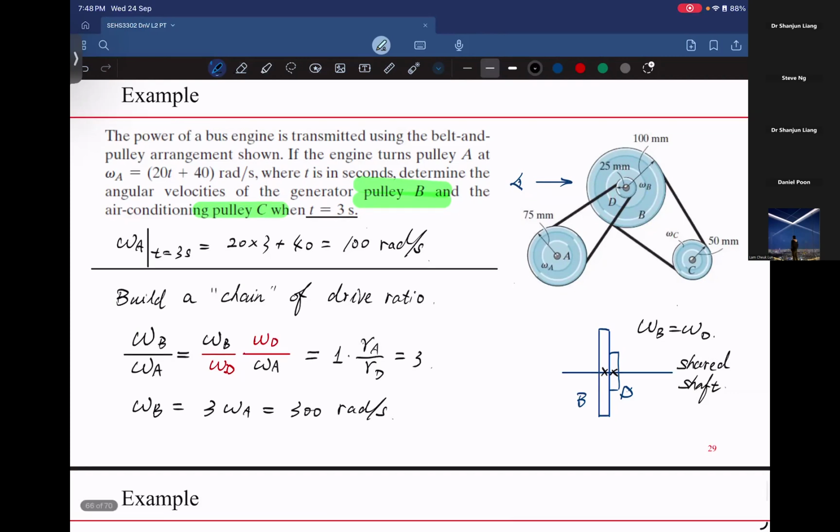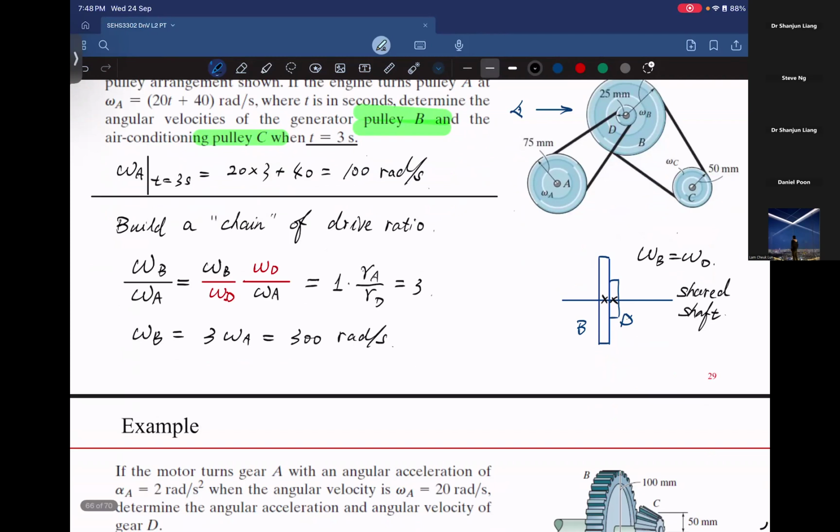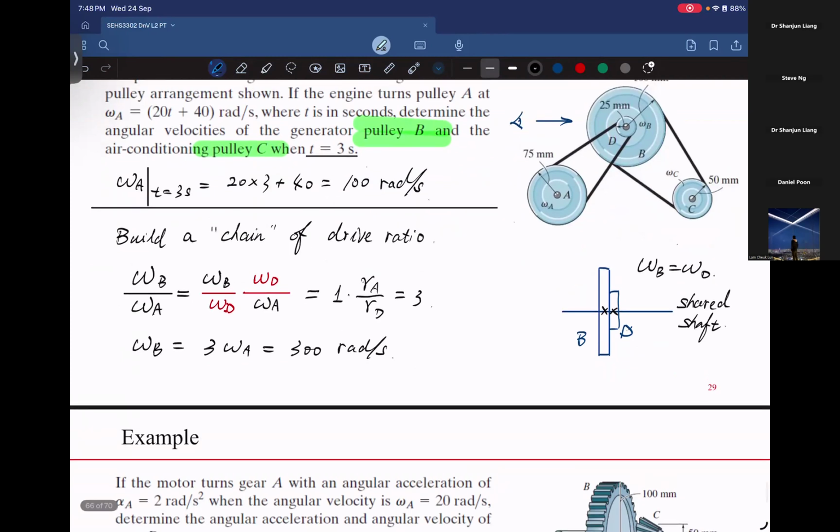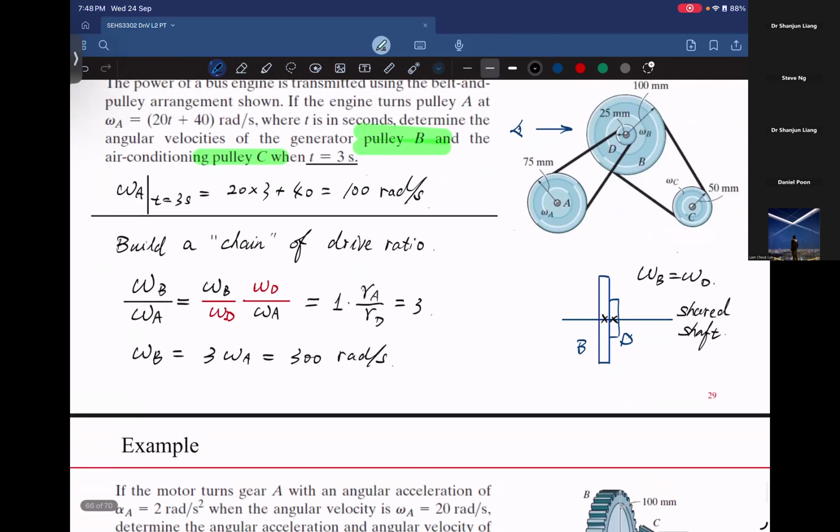For pulley C, we do the same thing, right? Because omega C is unknown and omega B is already known. So omega C over omega B is RB over RC.